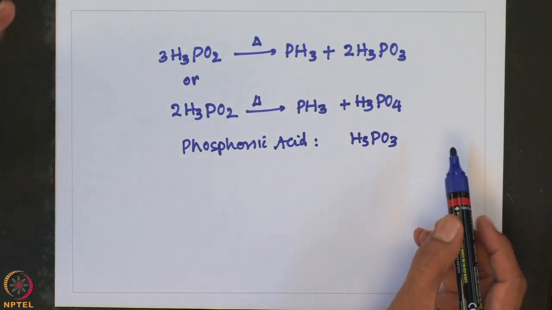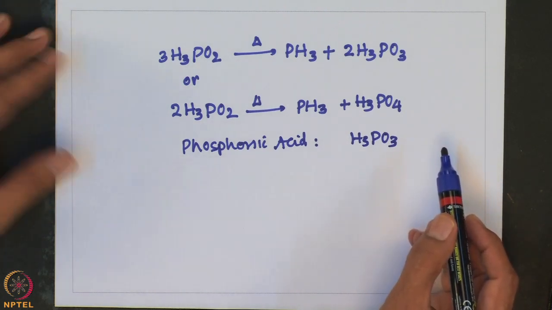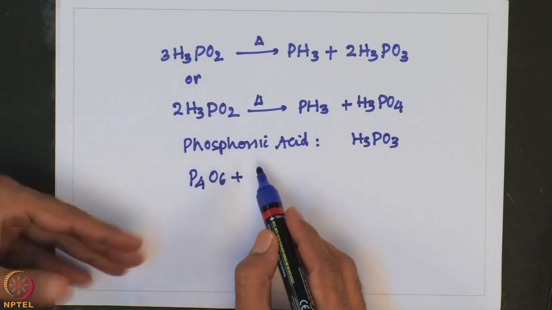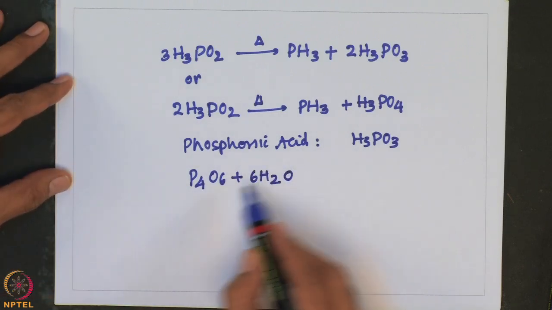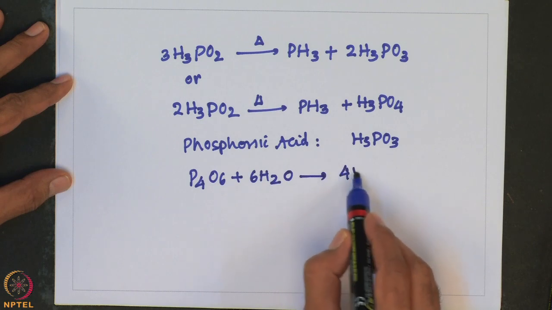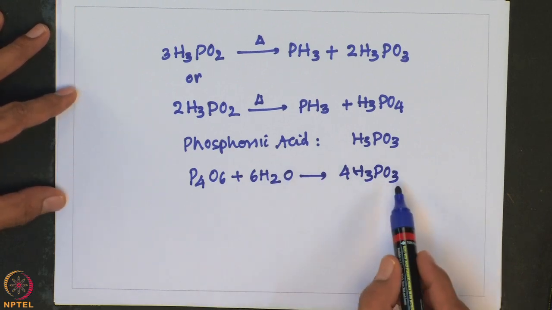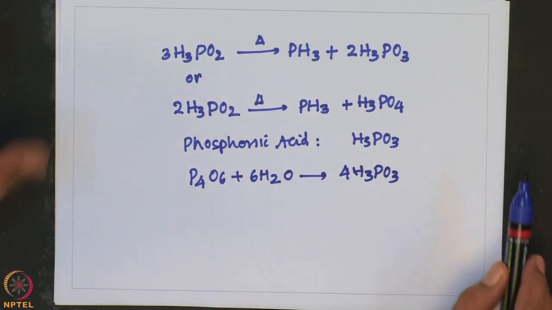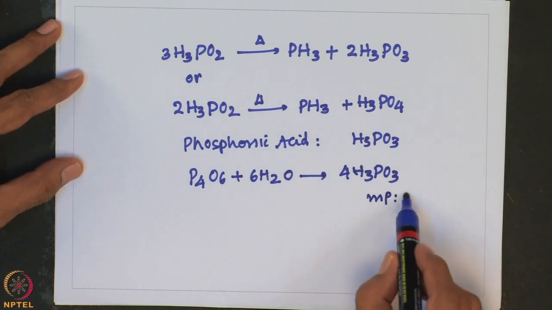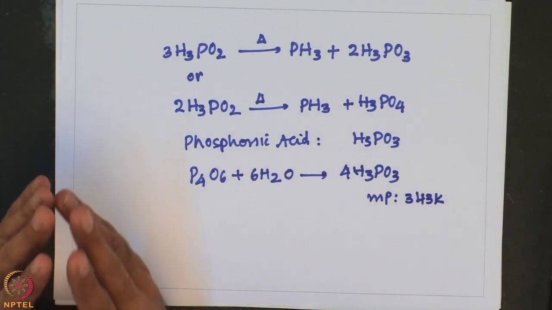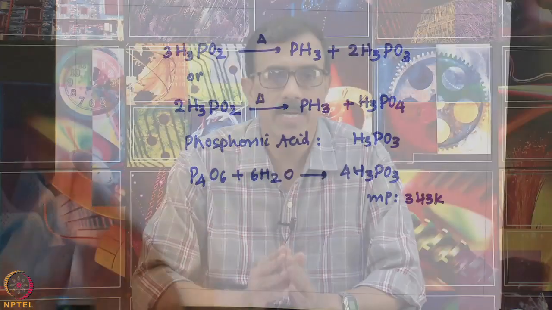Of course, one can prepare phosphonic acid by treating P4O6 with water, or on hydrolysis, P4O6 gives H3PO3, phosphonic acid, and pure phosphonic acid is colorless deliquescent crystals having melting point 343 Kelvin. In the solid state, the molecules of the acid are linked by hydrogen bonds to form a 3-dimensional network.